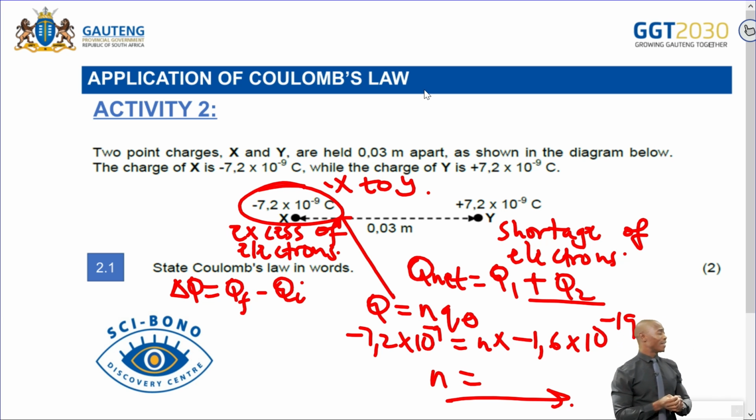So first question, they want us to state Coulomb's law in words. We stick to the examination guidelines.